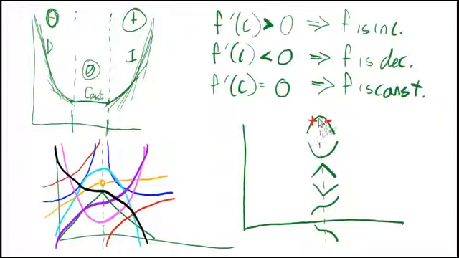So we would know that at this critical value, and keep in mind that these are continuous functions, so we don't have any of this going off into infinity like asymptotes or anything like that. It's continuous. So we know that it was going up, right?